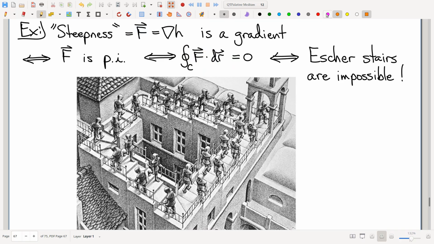The drawing seems to suggest that we're gaining altitude every step we take as we go along the outside. All those dhs are being drawn as if they're positive. The drawing would have you believe that this line integral is positive. But of course, path independence tells us it has to be 0.